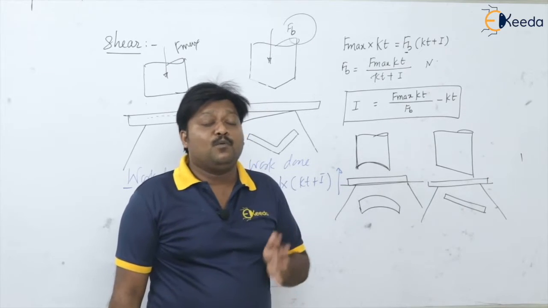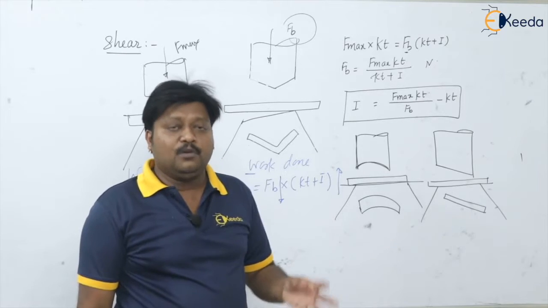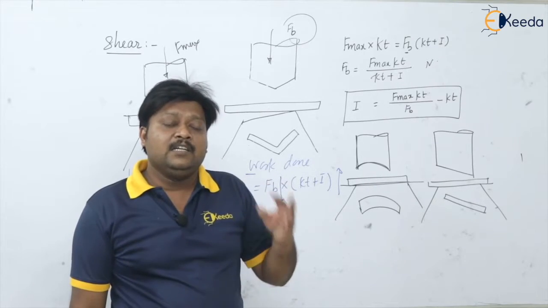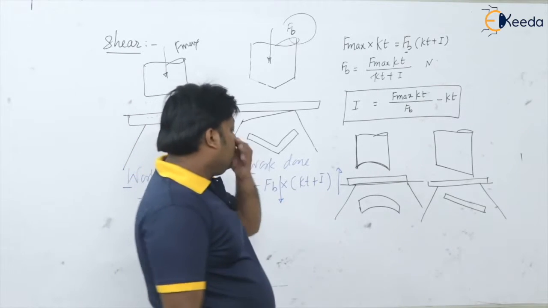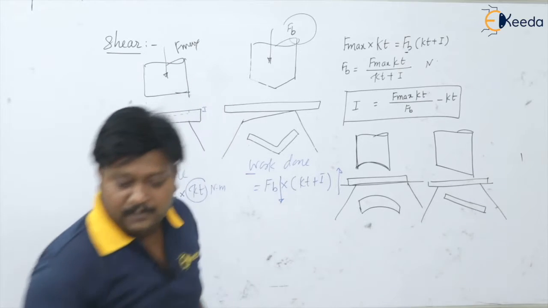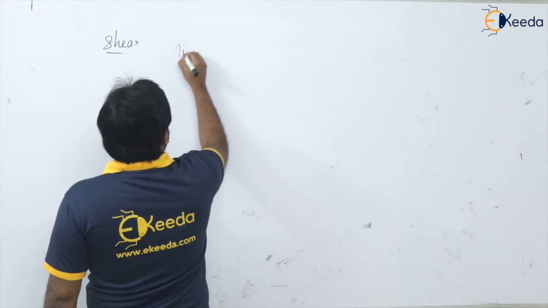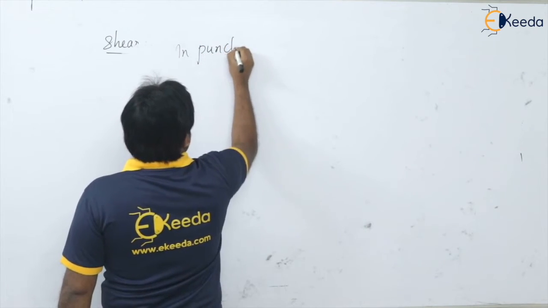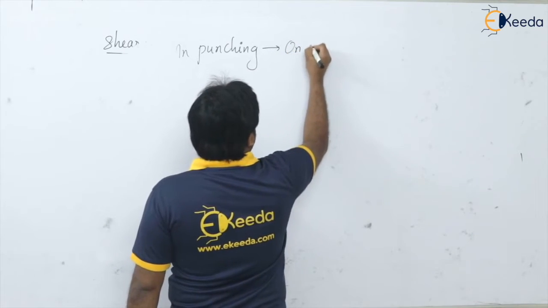Now what happens in case of blanking operation? We are going to provide shear onto the die. Actually, provision of shear onto the die will bend the stock or bend the material. So I will clear it here. See, in punching we are going to provide shear, of course, on punch.